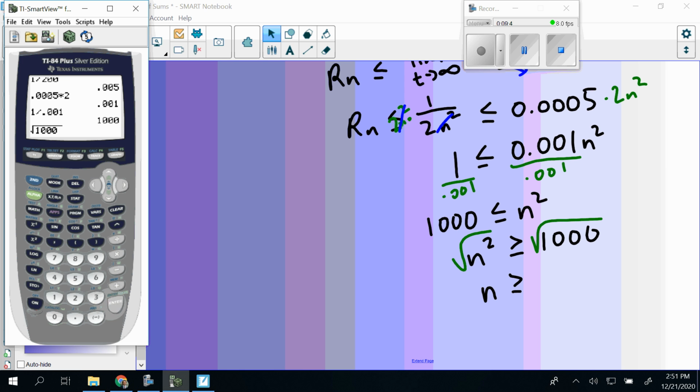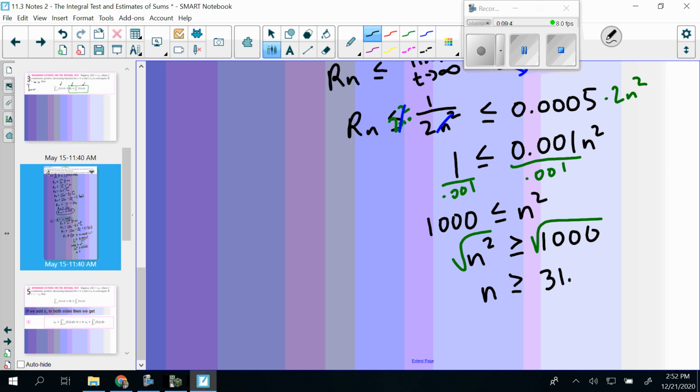And if we do that, it looks like we get 31.62. All right, so we need an n value greater than or equal to that. Since that's not a whole number, it looks like we're going to have to use 32 terms of this.